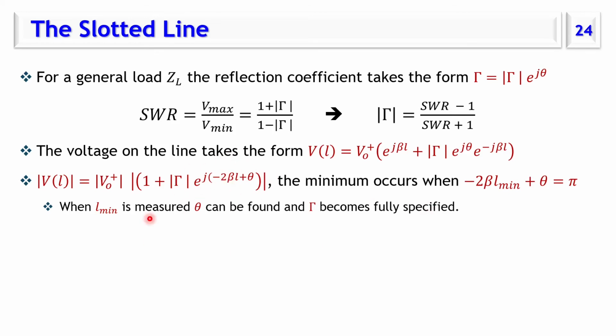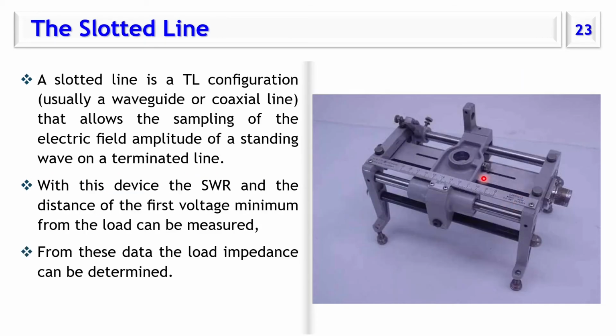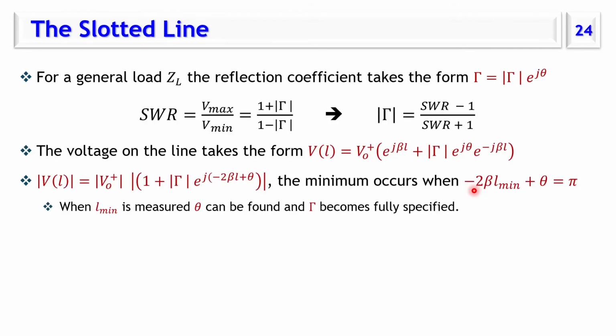So we can use this property to find the distance between the load and the first minimum. We know the distance from the slotted line, we know the angle, we know lambda, so we can find this relation here.